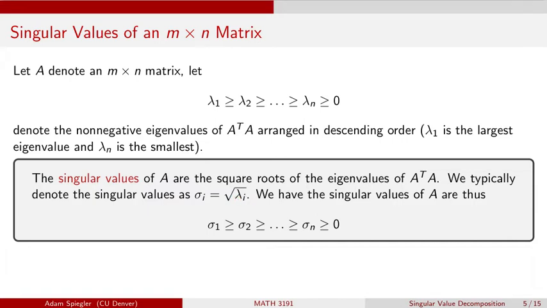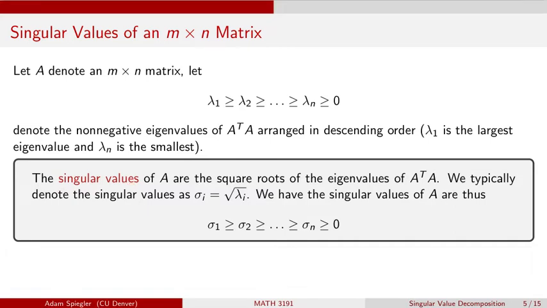And we don't get any trouble taking square roots of these eigenvalues because we know that all of the eigenvalues of A transpose A are greater than or equal to 0. So the singular values are just a fancy word for saying the square root of the eigenvalues of A transpose A, because that's a lot to say. So it's much easier to just call them the singular values.